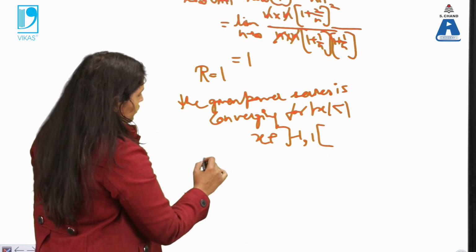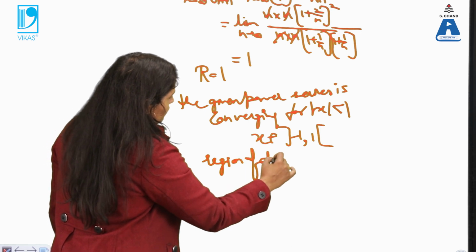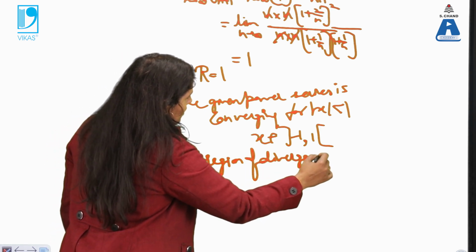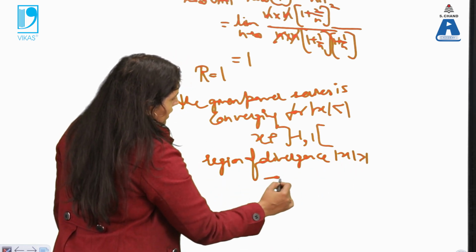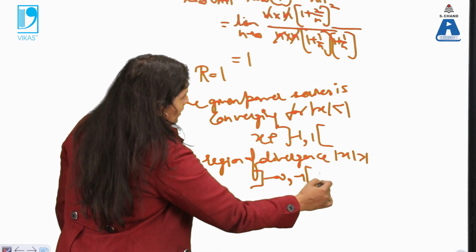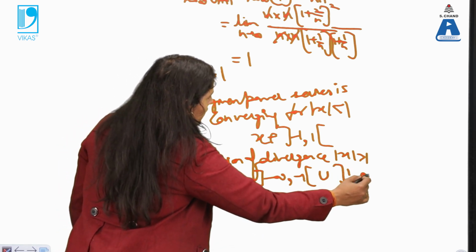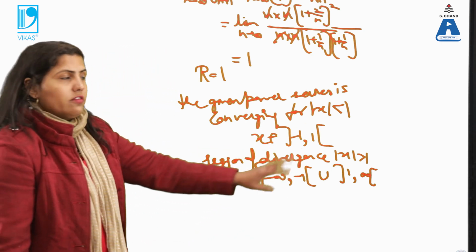Then in which region is it diverging? Region of divergence: mod x greater than 1. It means minus infinity to minus 1 open interval, union 1 to infinity. Now, I haven't checked for x equal to 1.